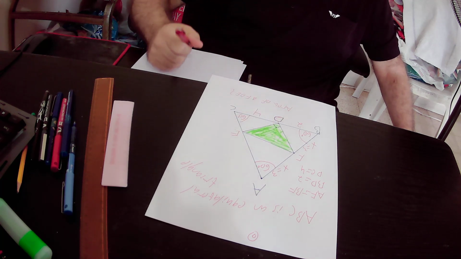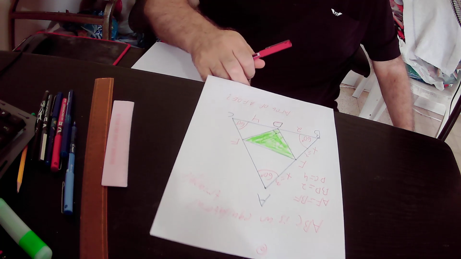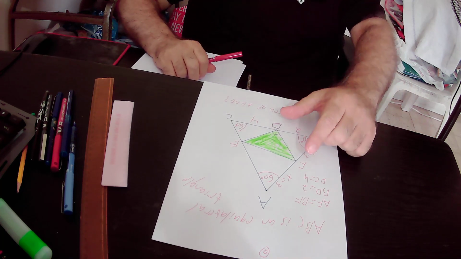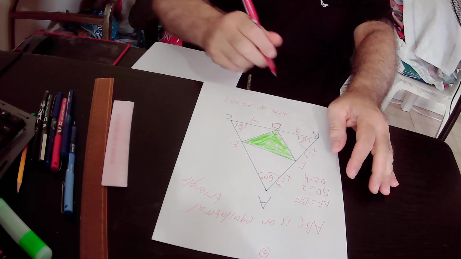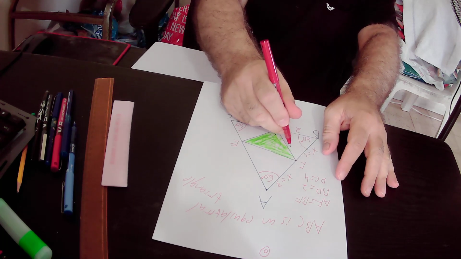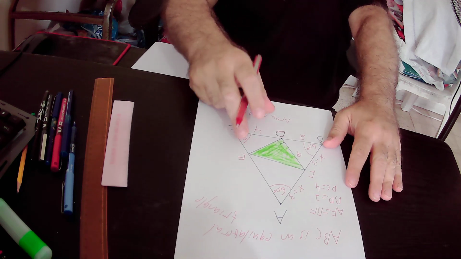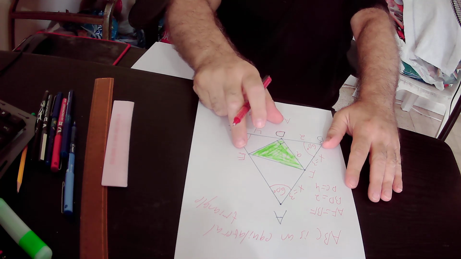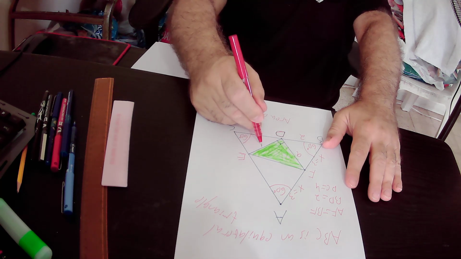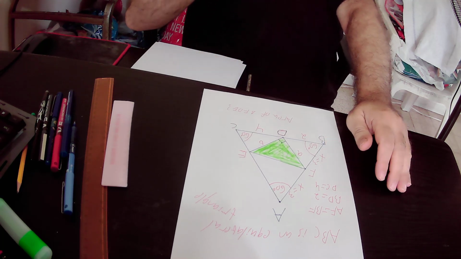Okay, we will define line segment FD as A, that is to say A equals FD, and we will define line segment DE as B, that is to say B equals DE, okay?